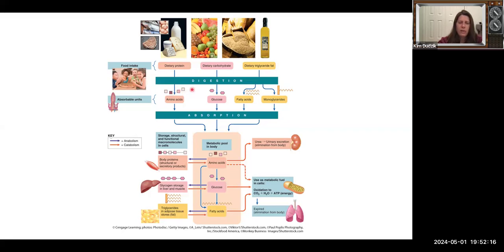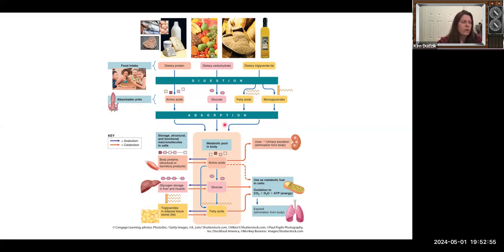So digestion is that property where we break down each of these into their component parts. Proteins become amino acids, carbohydrates mostly become glucose, and triglycerides become fatty acids and monoglycerides. These are the molecules that are what we call absorbable. We can absorb them either from the intestines directly into our bloodstream, or in the case of lipids, it goes from the intestines into the lacteals from the lymphatic system, which then can help bring it into the bloodstream.